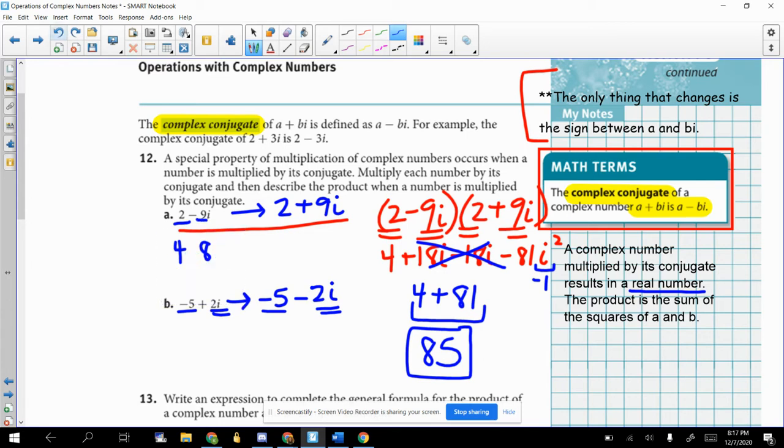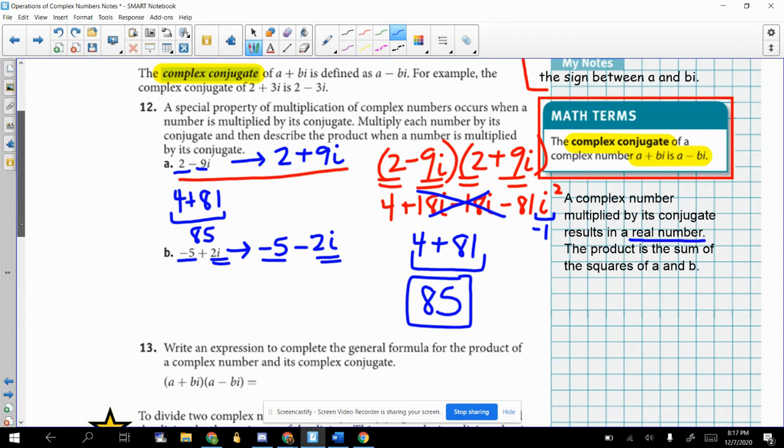Another way to think of your shortcut is to realize that those middle terms are going to cancel out. So when you're foiling, you can just do the firsts and the lasts. You don't have to do the outers or the inners because those are always going to cancel as long as you are multiplying by the complex conjugate.